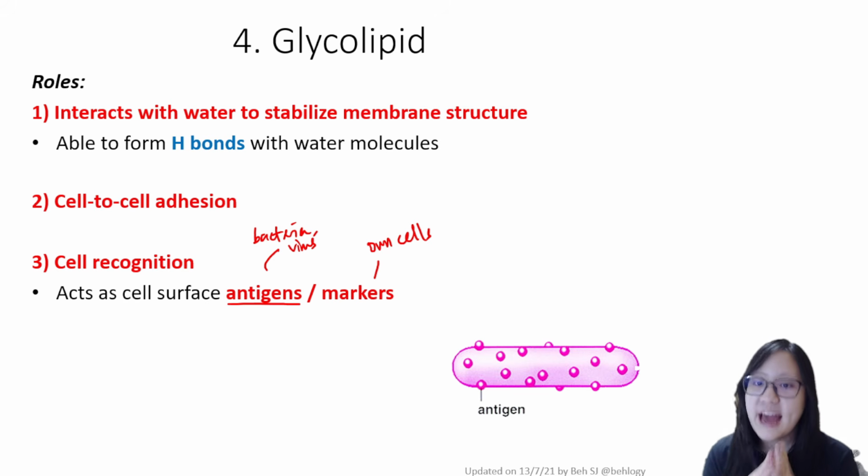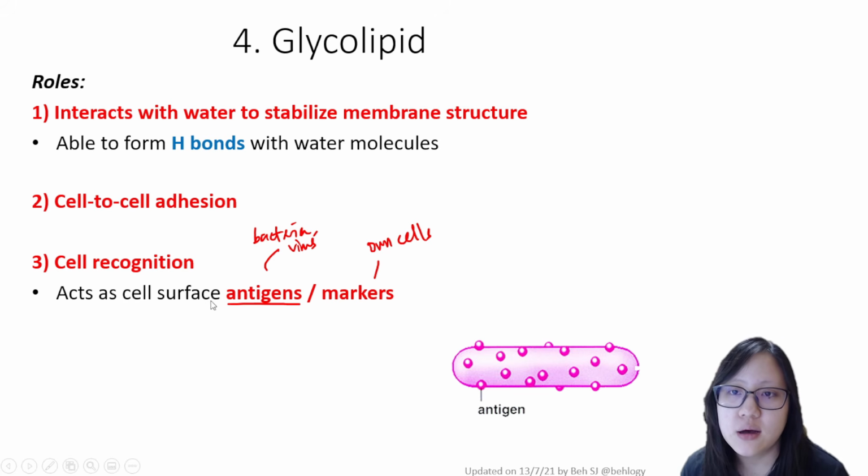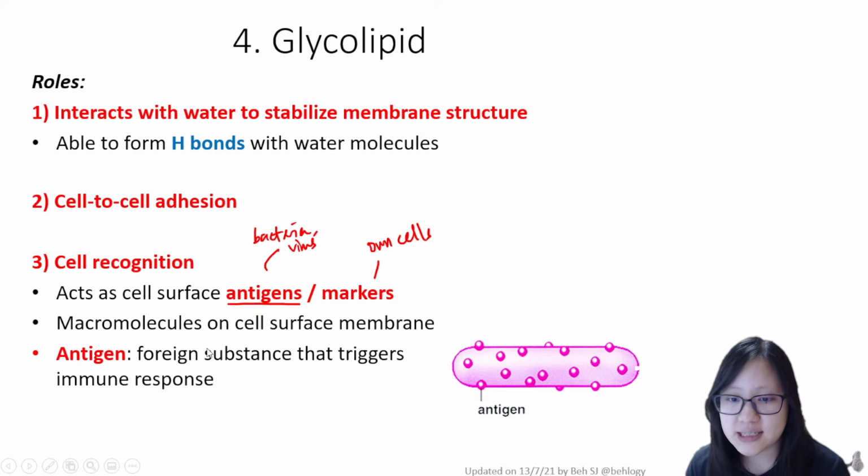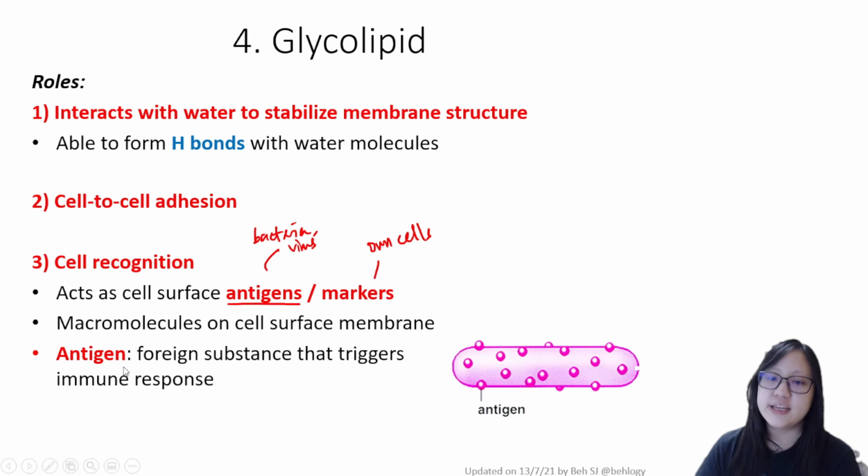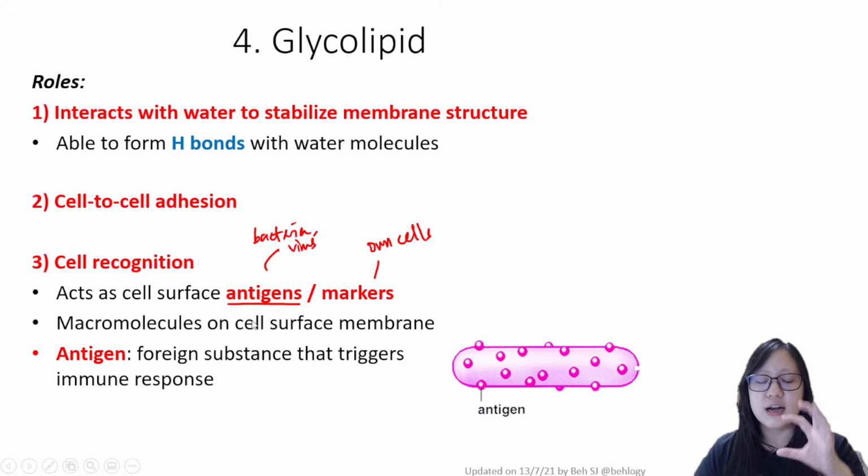Now, what happens when the body detects an antigen? What's an antigen? Again, it's a macromolecule in the cell surface membrane, in this case a glycolipid. The carbohydrate chains look different on a bacterium or virus.